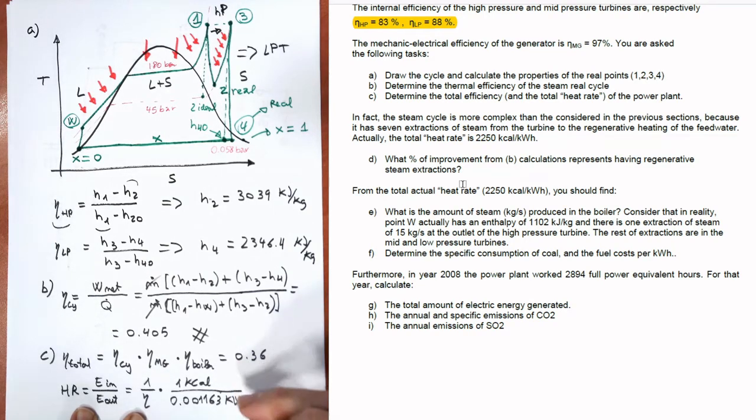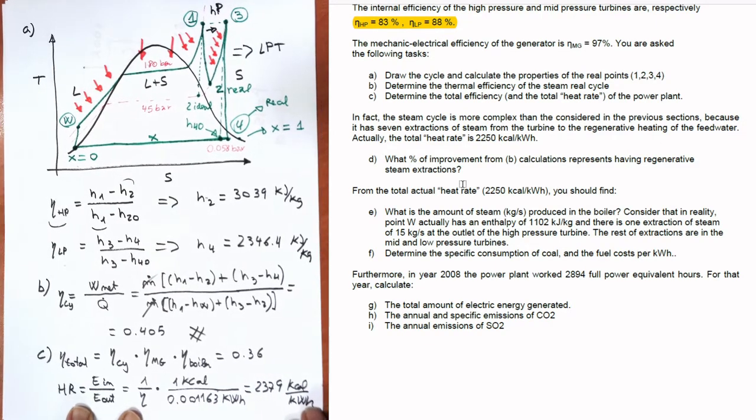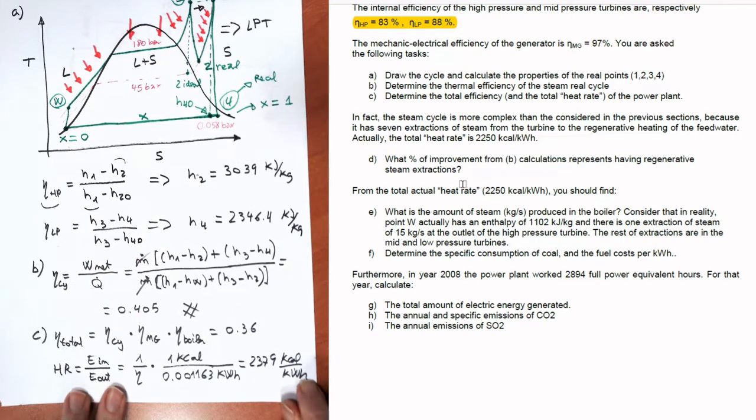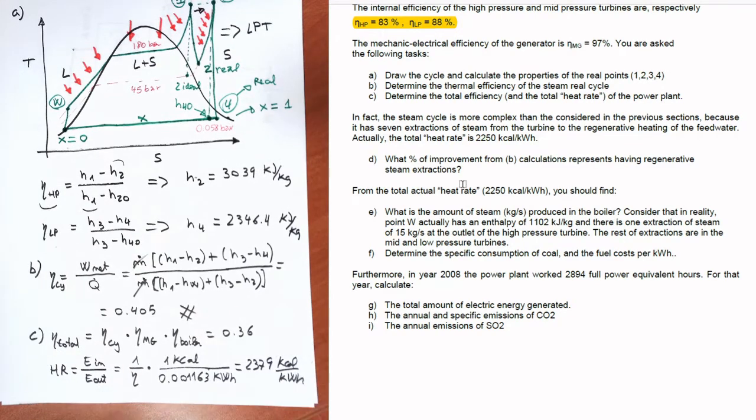It can also be 860 kilocalories is 1 kilowatt hour. It's the same, and we obtain 2379 kilocalories per kilowatt hour. Okay, that will be the solution for this section.